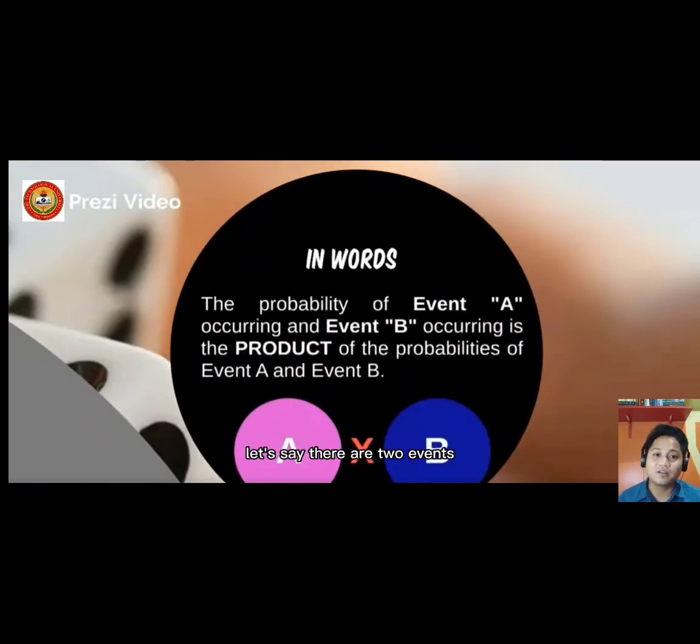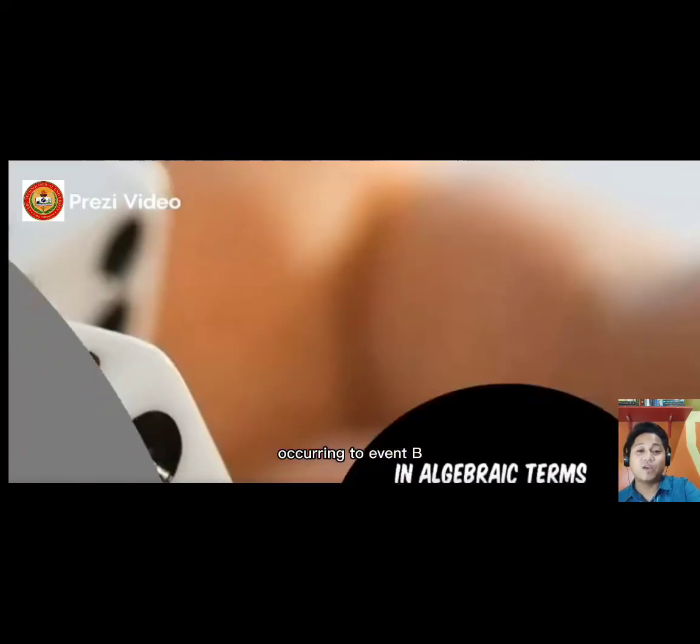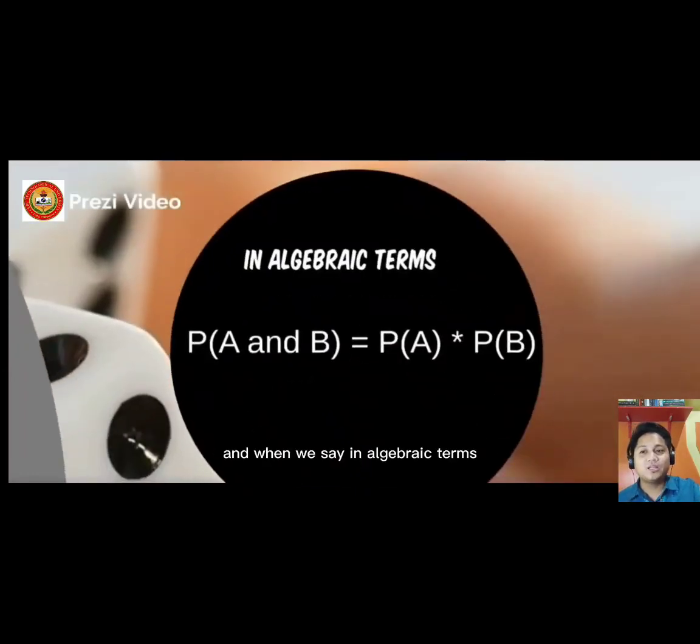Let's say there are two events. The probability of event A occurring and event B occurring is the product of the probabilities of event A and event B. We have here an image, A times B. Event A multiplied by event B. Remember, it's the product.